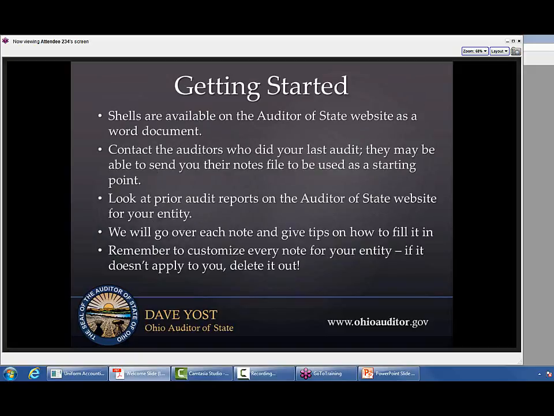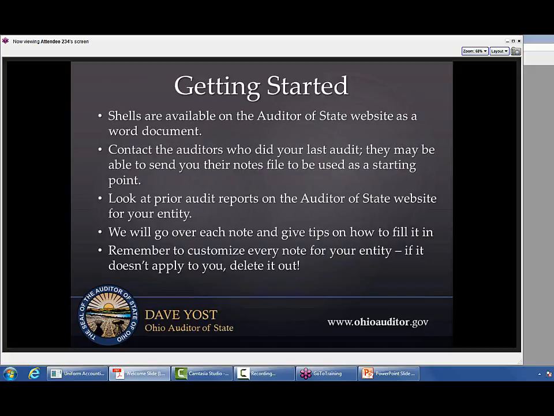So, how do we get started with all this? If you look on the slide, there are shells available on the Auditor of State's website, and we're going to show you where those shells are shortly. This next bullet point is probably the best advice I can give you. If you can, contact the auditors, whoever did your last audit.